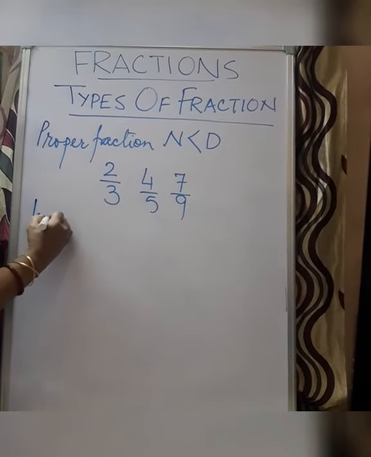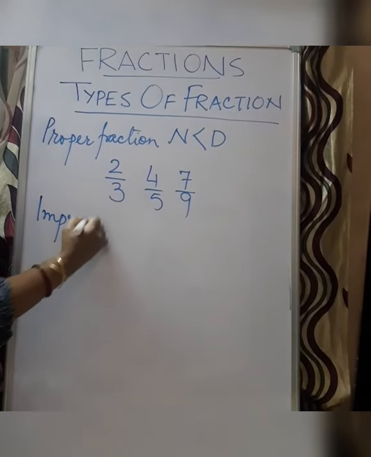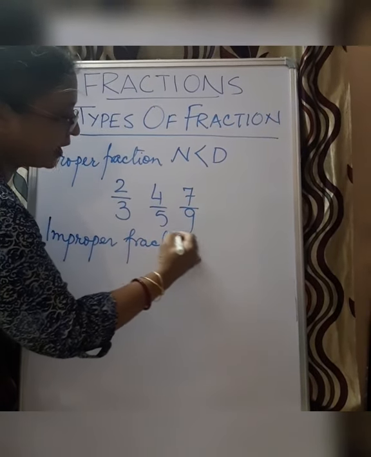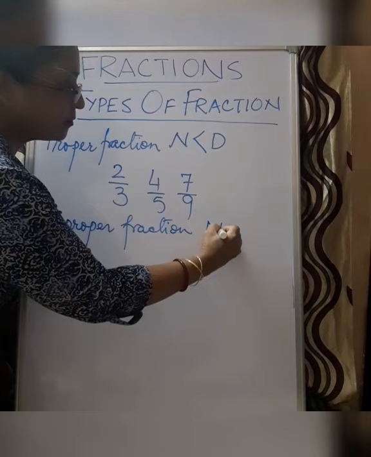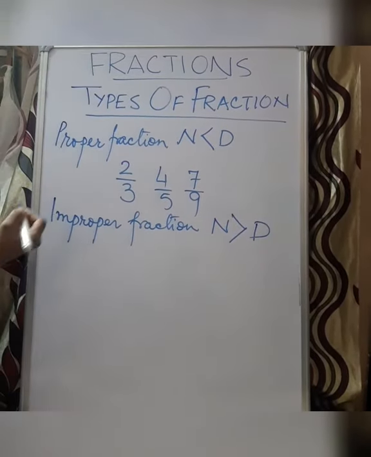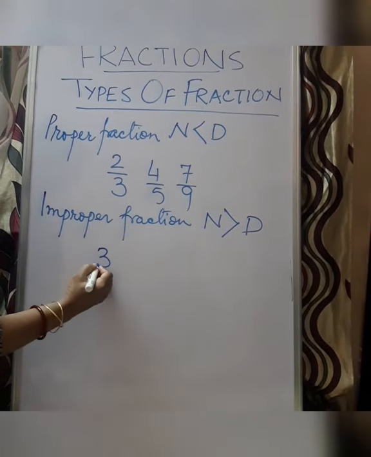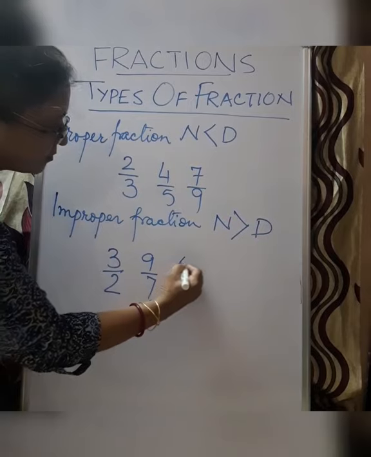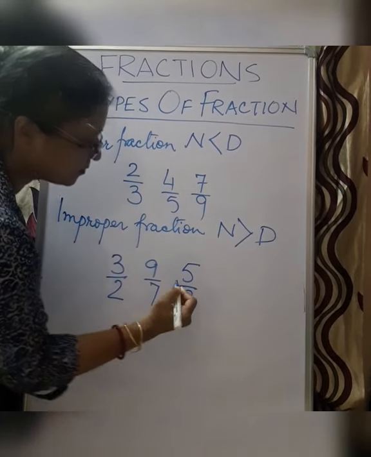Next is improper fraction. Improper fraction has numerator greater than denominator. Say 3 by 2, 9 by 7, 5 by 3.